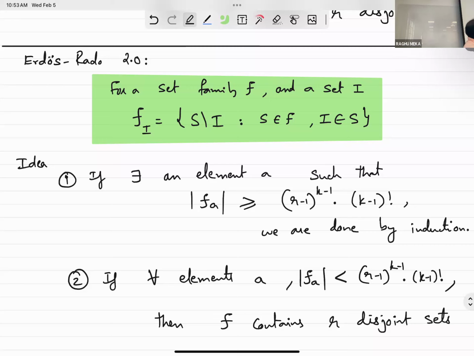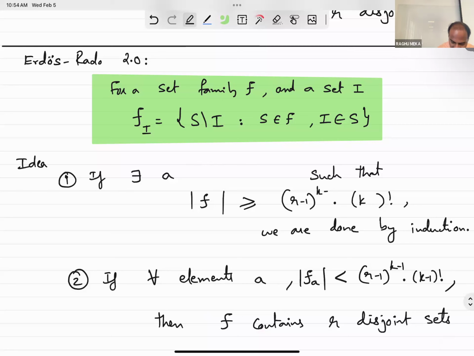I might have made the size of the family smaller by doing this, right? Because I'm now imposing this constraint that the set I must be contained in your set. So I'm going to a smaller family of sets. But what is the win? What do we gain by doing this? The win is that the size of the sets has become smaller. So how can I rephrase this?